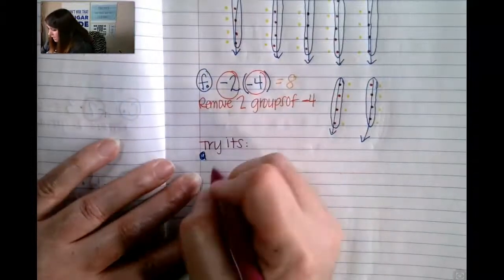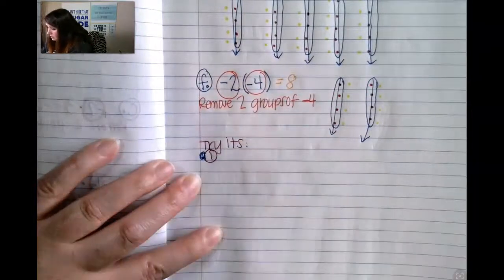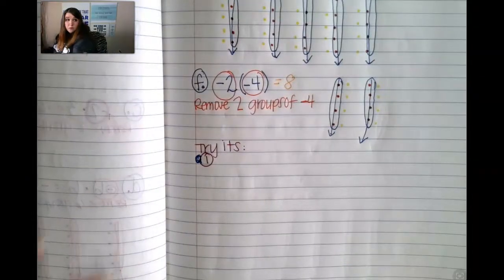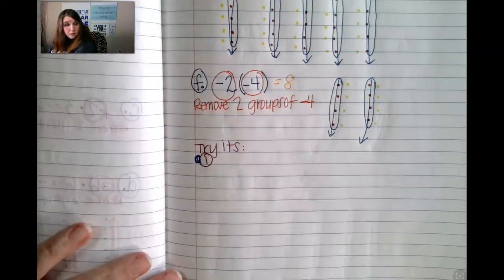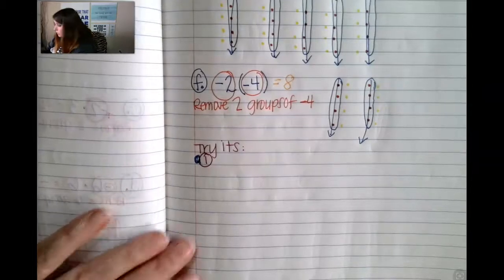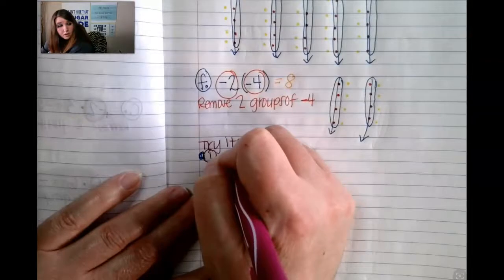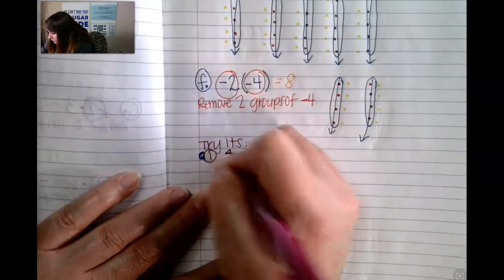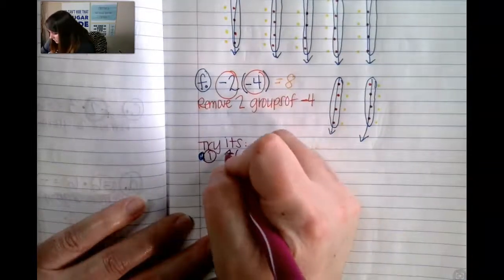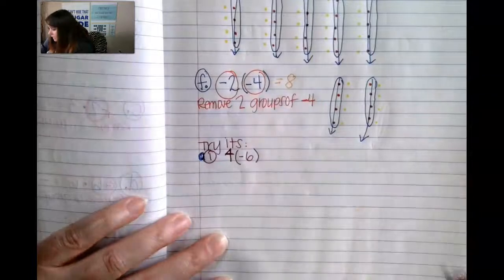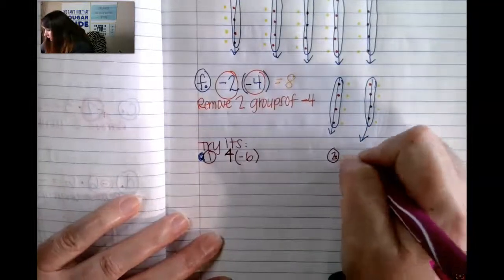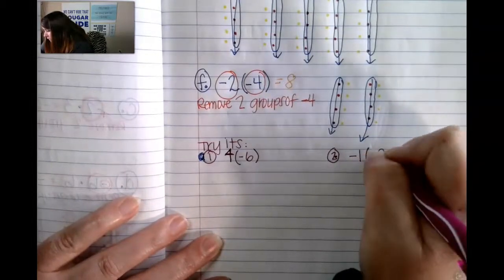All right, try-it number 1 says that you are going to do, that's a lot. Let's do, it's a really big one. Okay, 4 groups of -6. So 4 times -6. And then number 2, you are going to do -1 times -9.